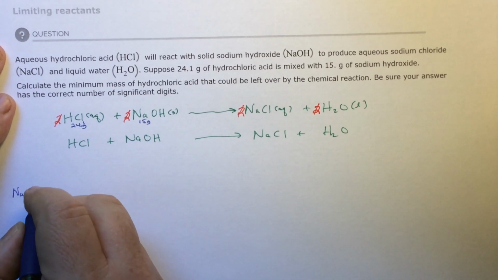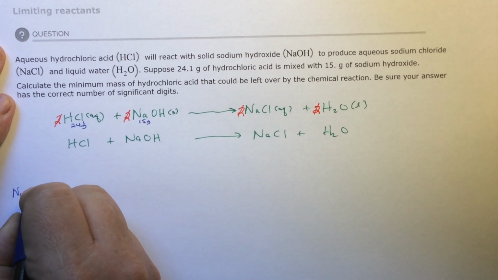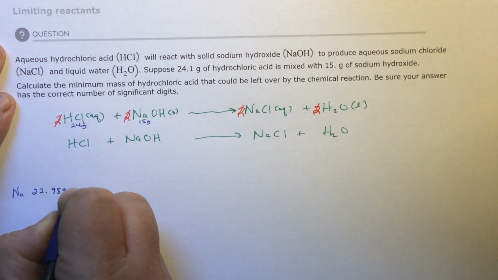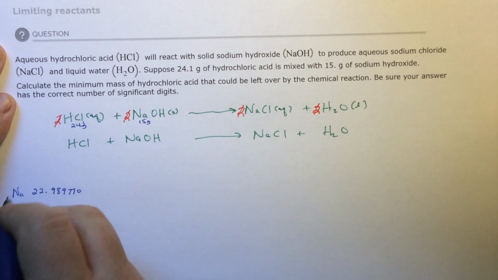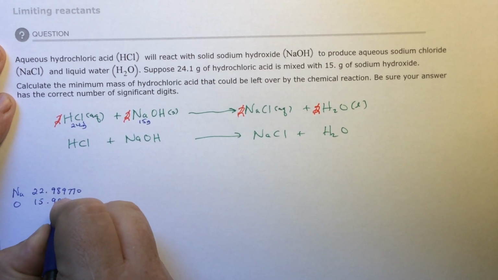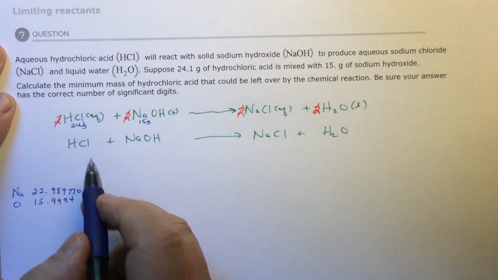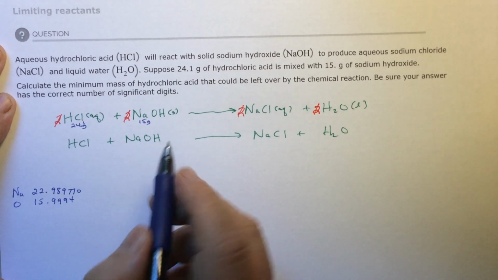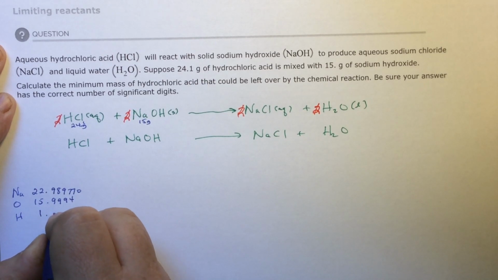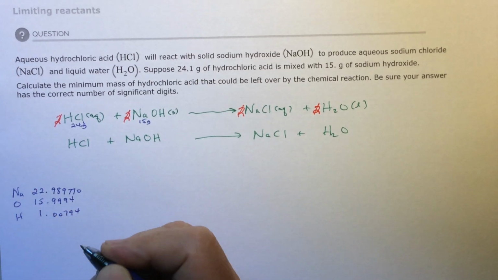Sodium. There's 1 sodium is 22.989. Okay, one oxygen is 15.9994. Okay, and one hydrogen is 1.00794.